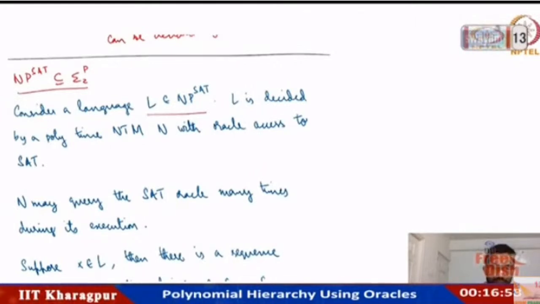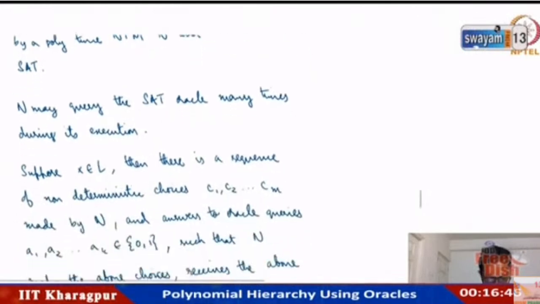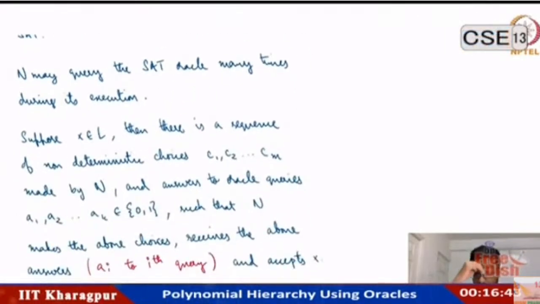It can make a query, and if the response is yes, then it does something; if the response is no, it does something else. All this is part of the algorithm. So these are the things that N is capable of doing. It's a non-deterministic machine, not NP, with access to a SAT oracle.